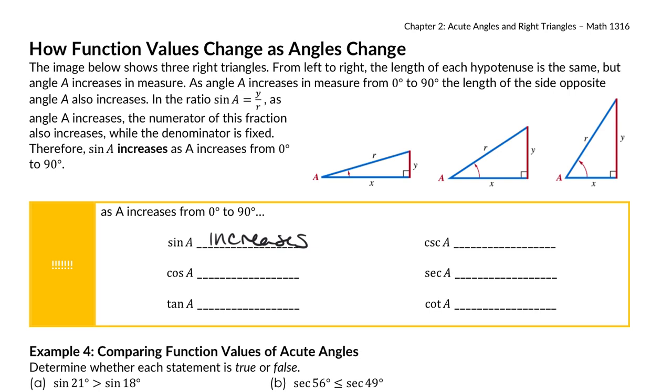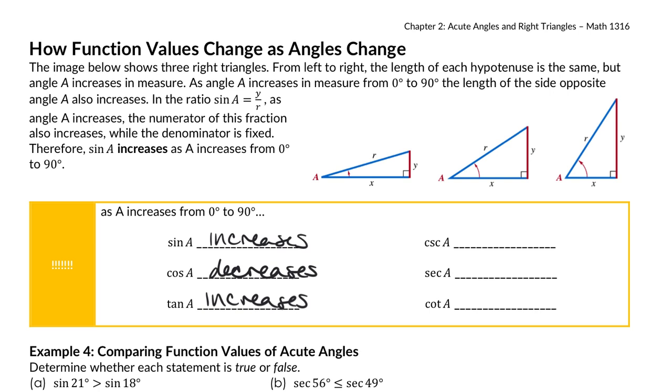Cosine, since the x is getting smaller, cosine of A is going to decrease because the numerator is getting smaller. We're making a smaller ratio. Tangent is y over x, so we have a numerator getting bigger and a denominator getting smaller, which means that the number is going to increase.